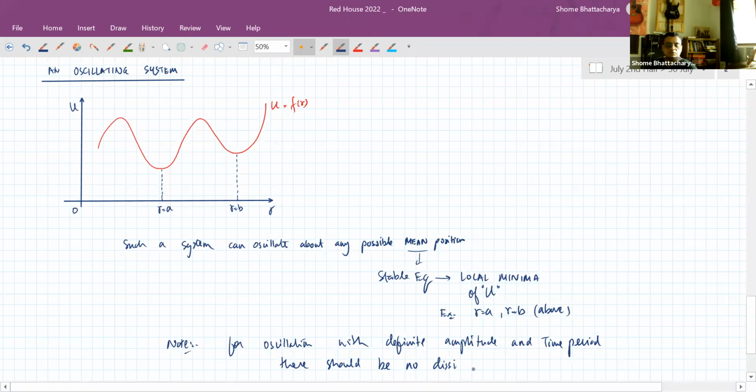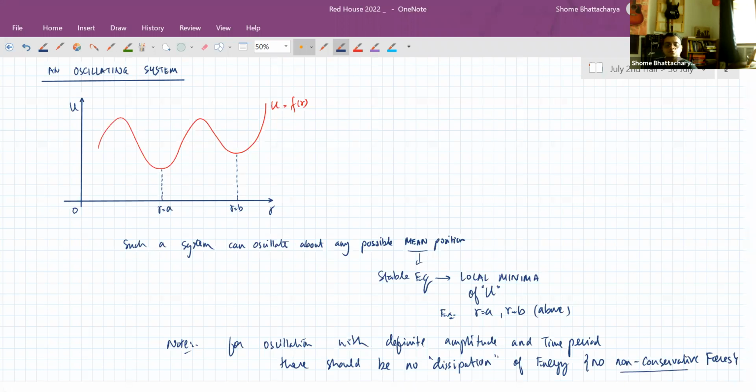Viscosity, these kinds of forces should be negligible or absent. Otherwise, they become what we call damped oscillation. Over time, their periodicity changes and their amplitude also keeps diminishing. So there should be no dissipation of energy. For a perfect oscillation, there should be no non-conservative forces. The only forces driving the system should be the conservative restorative forces.